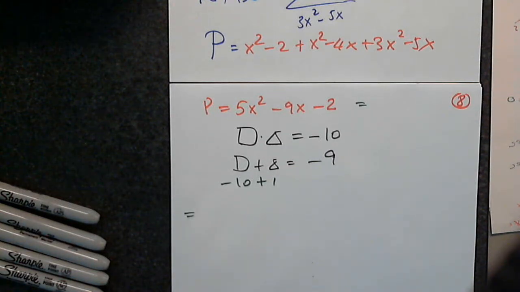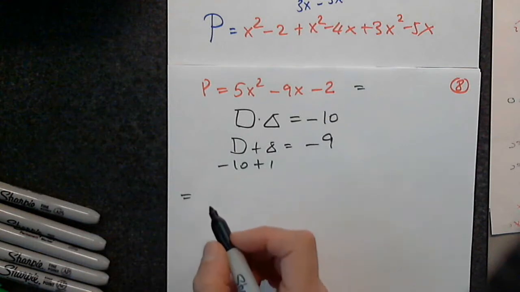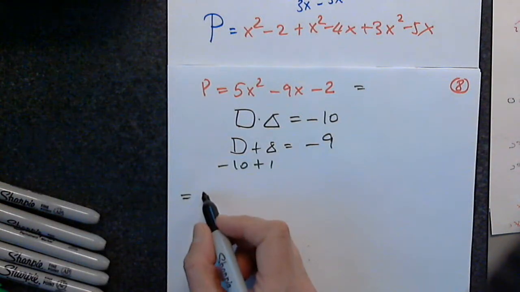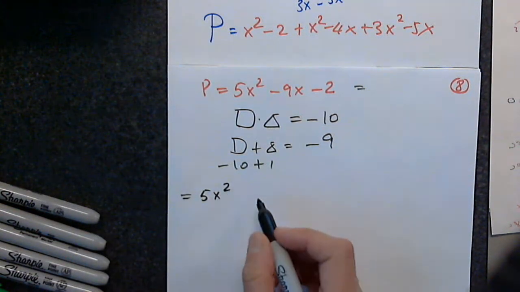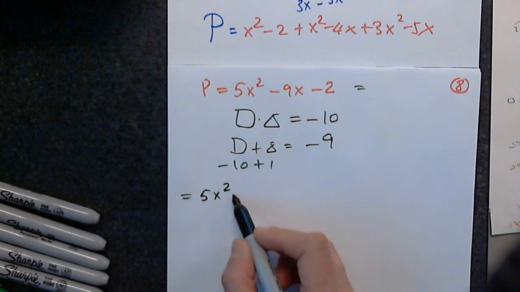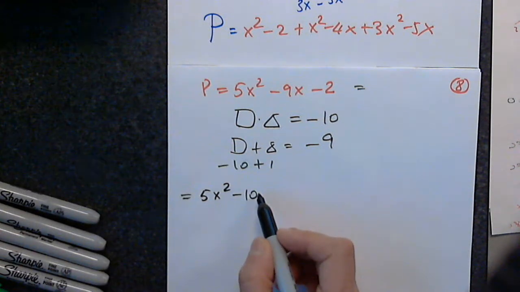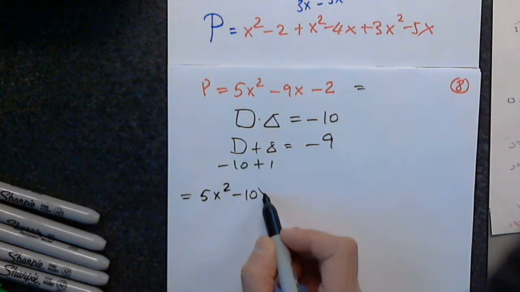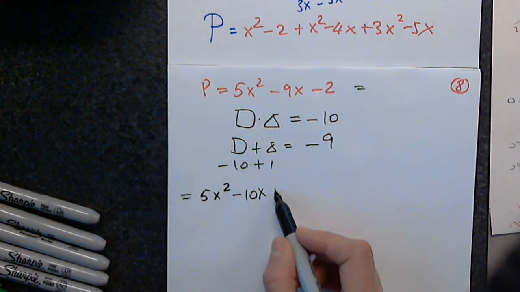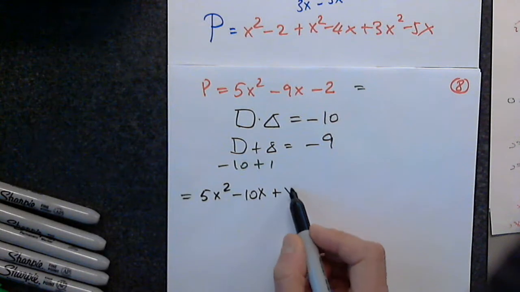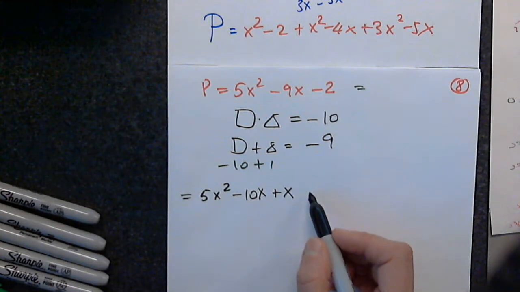So then I have to rewrite. It's the whole process, the long process. And I write 5x squared minus 10x plus x minus 2.